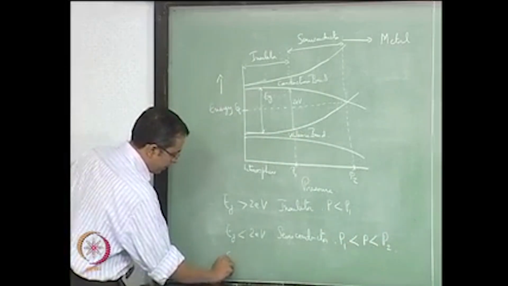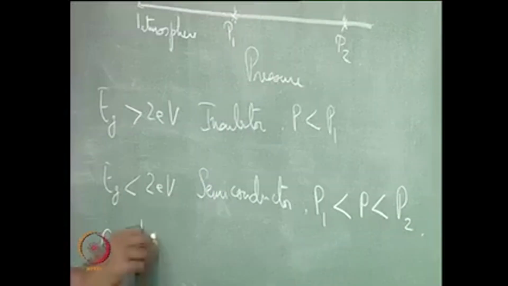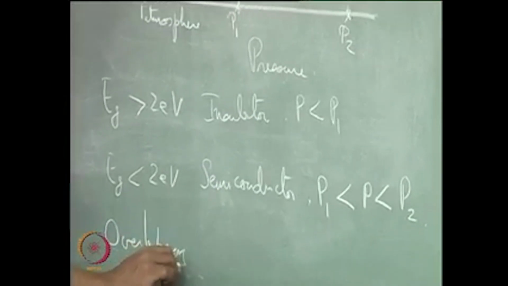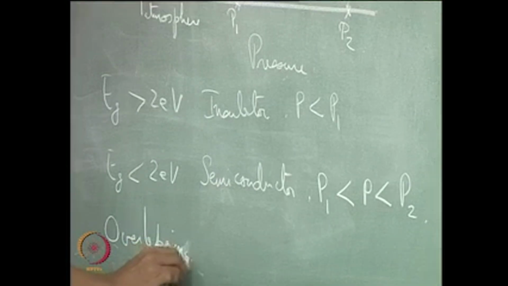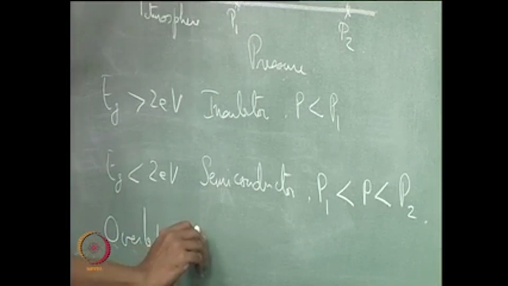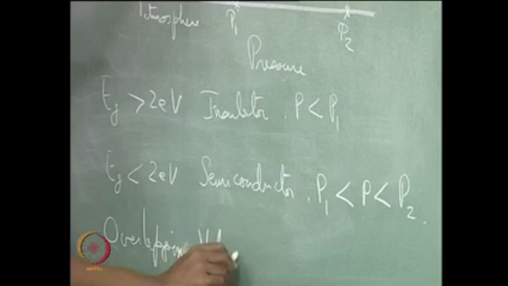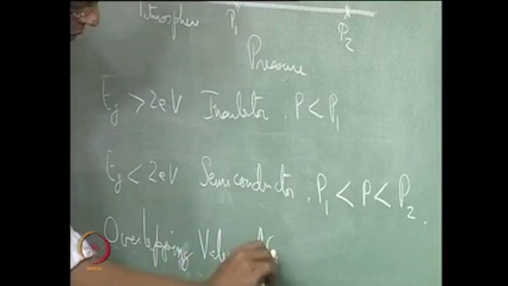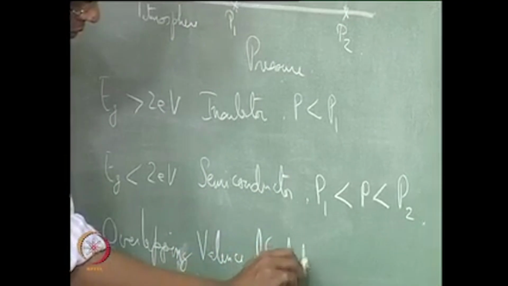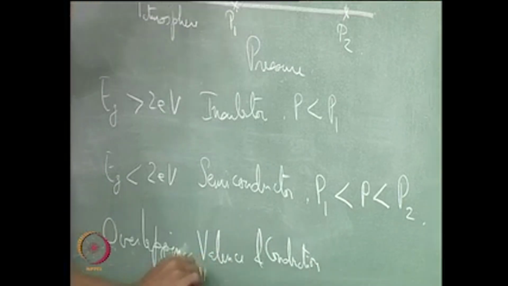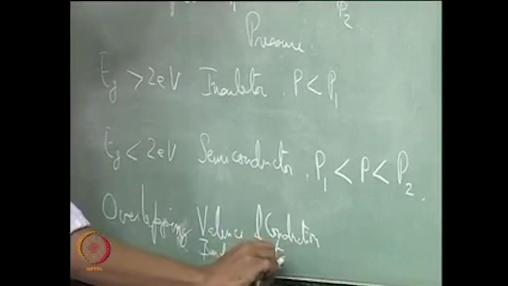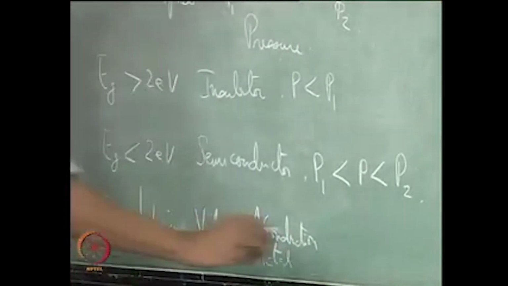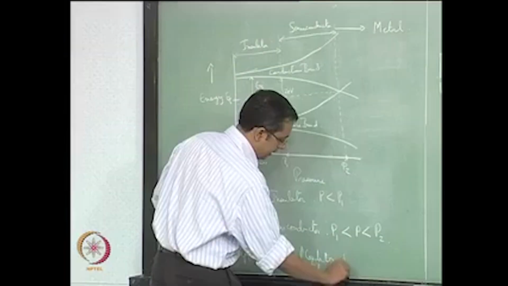And overlapping bands implies it has become a metal, that is for P greater than P2.